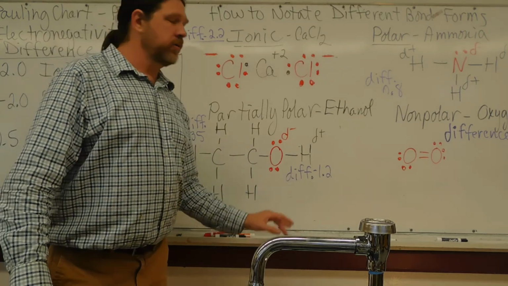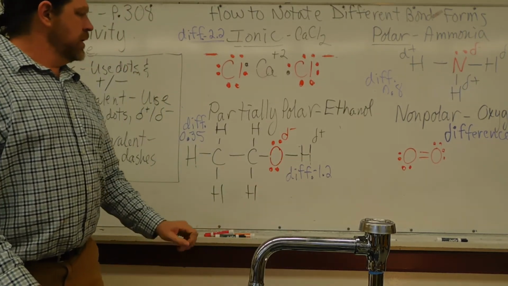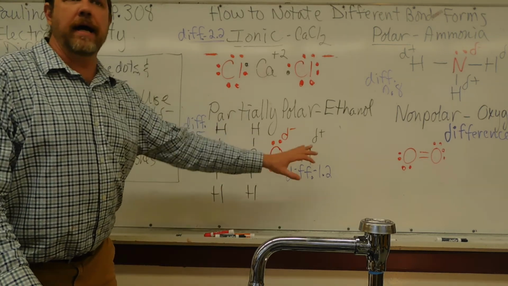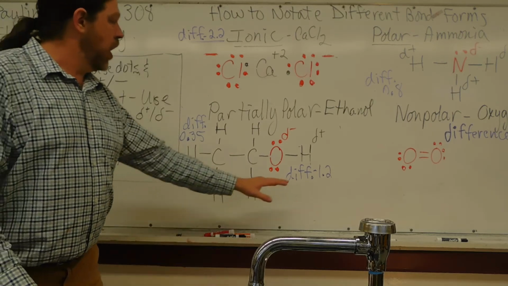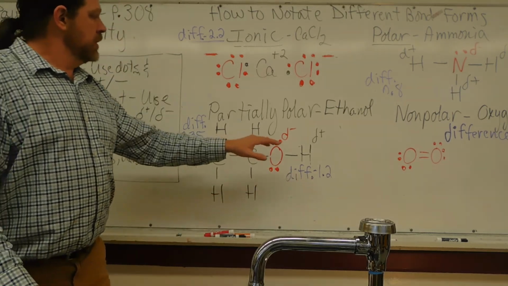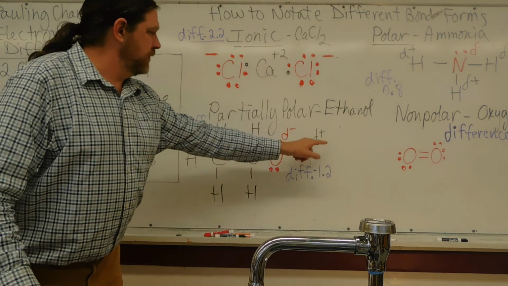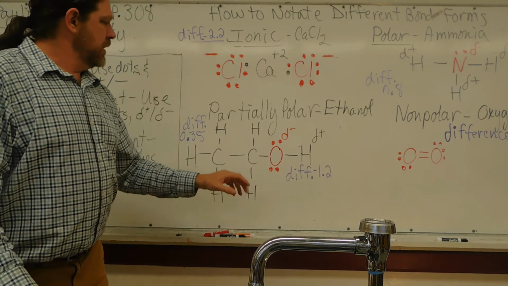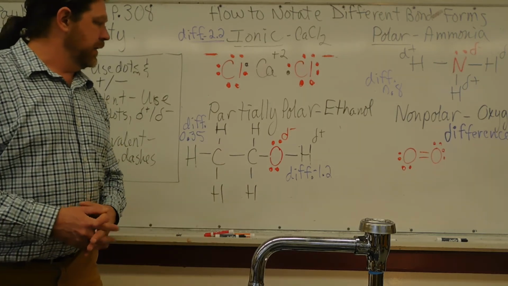But over here is the polar side, this hydrogen bonding between oxygen and hydrogen, which allows it to interact with nonpolar substances. We have an electronegativity difference of 1.2. So we show those dipole symbols, more electronegative, less electronegative, but still a covalent bond line.